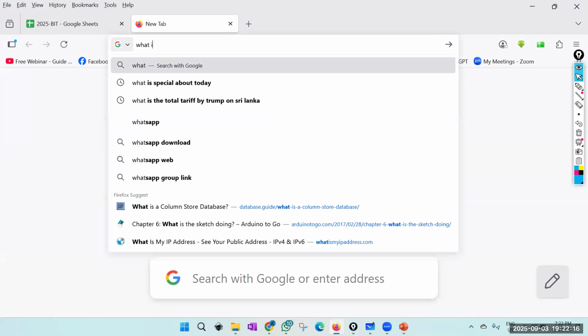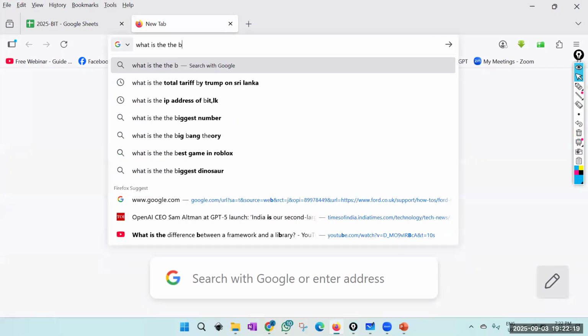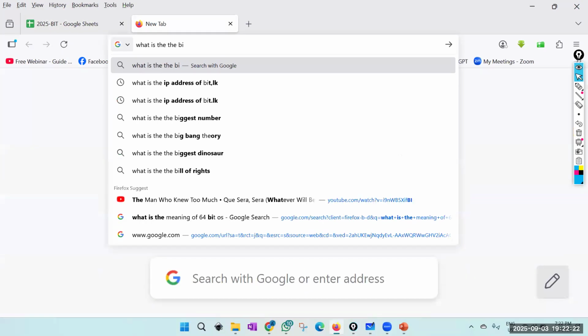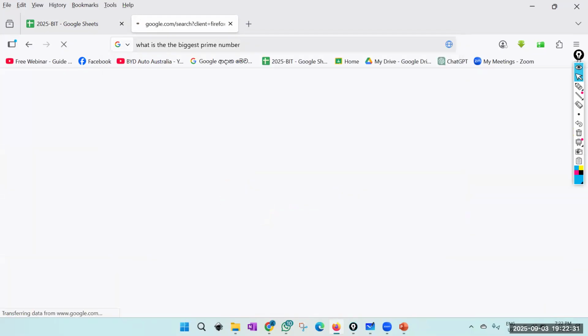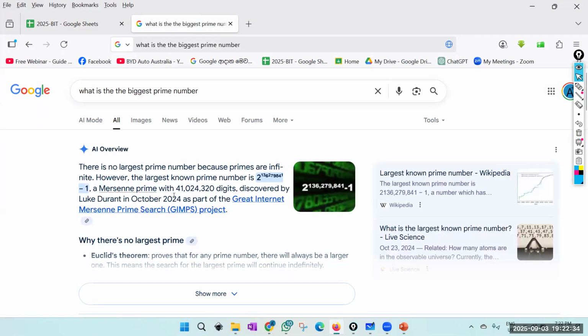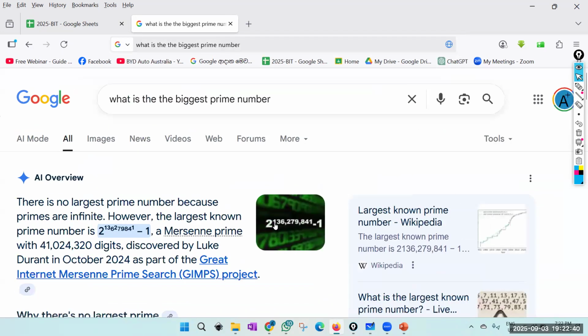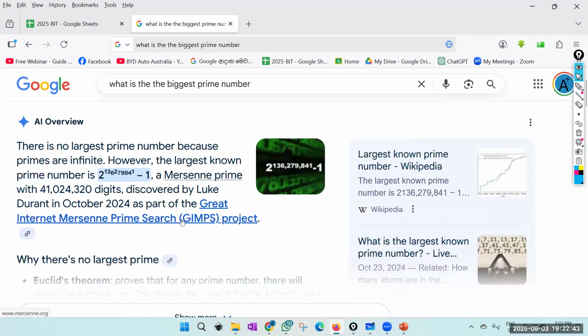So what is the biggest prime number discovered so far? You can see it's a big number. This is the value 2 to the power of this number minus 1. It has 41 million digits, and it was discovered last year, 2024, as part of this project.